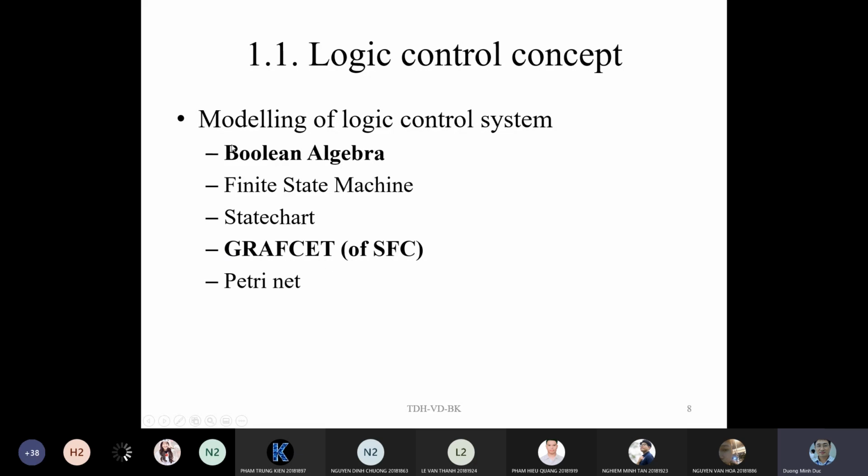So I already introduced some tools for modeling logic control systems, like Boolean algebra, finite state machine, state charts, graph sets, and Petri nets. For the finite state machine and state chart, we will not consider them in this subject.